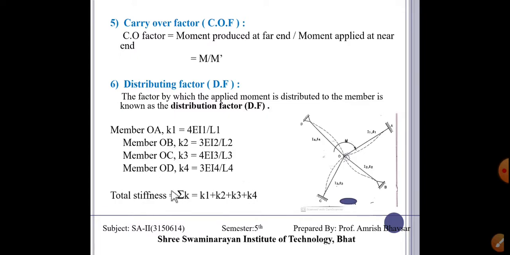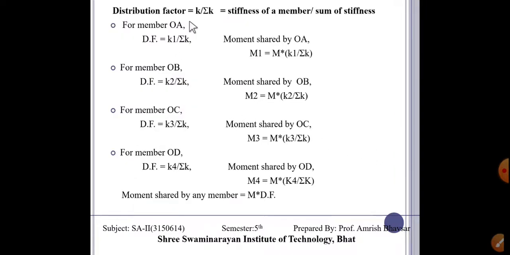Now we can find the total sum of these stiffnesses. The distribution factor is obtained by K upon sigma K, right?